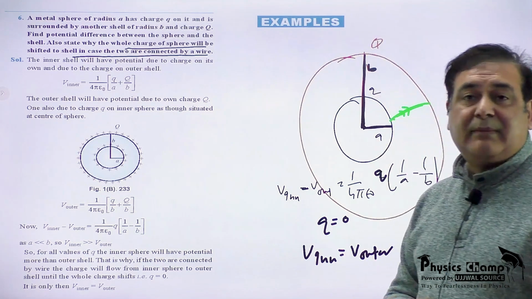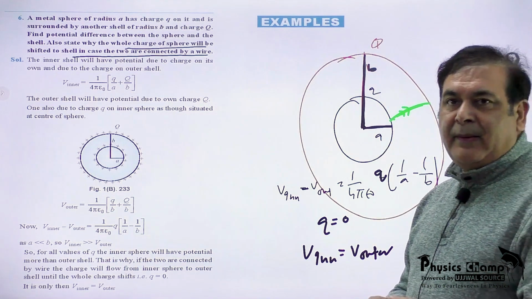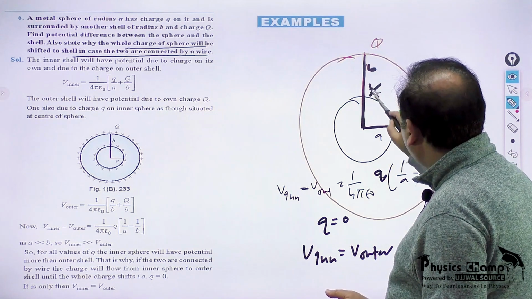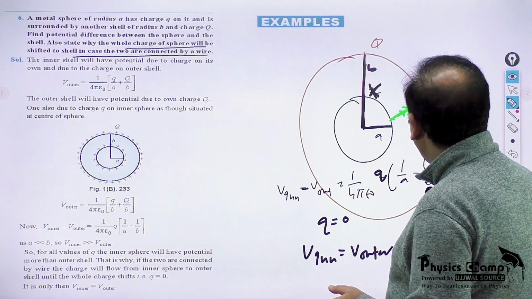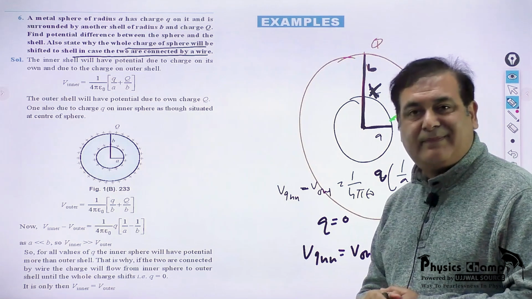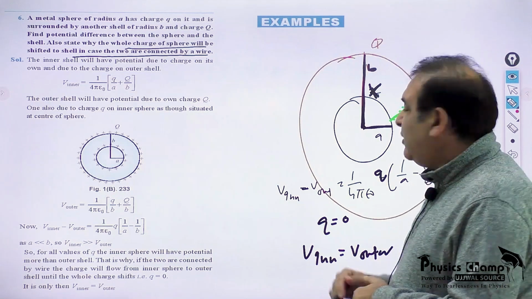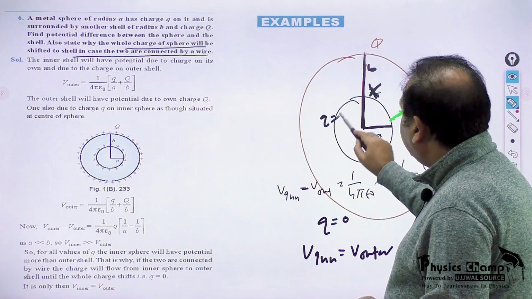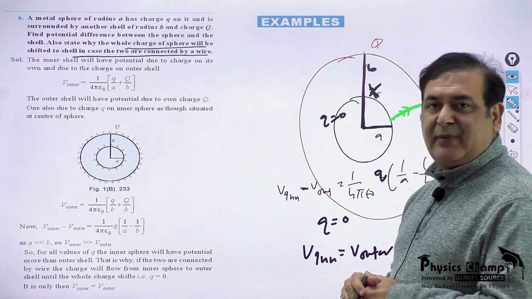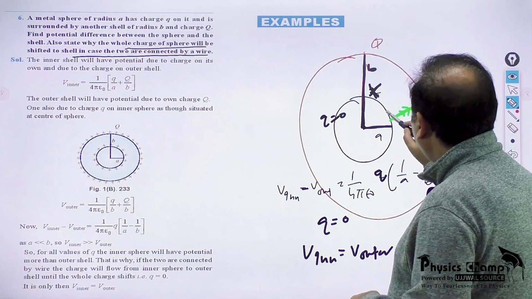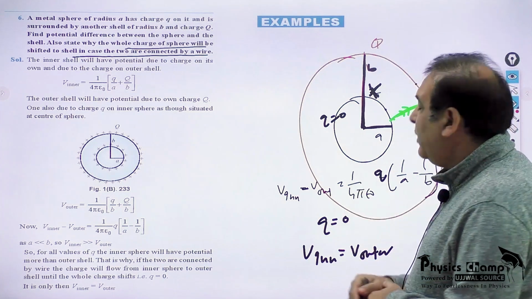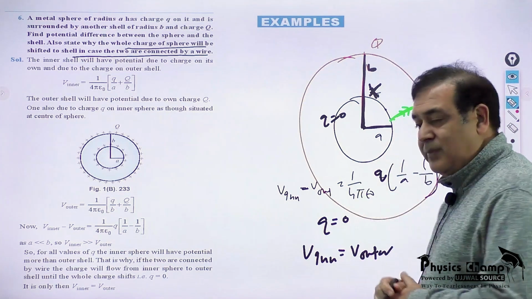It means the charge will flow until the whole charge small q is shifted to the outside. Once there is no charge left here, only then will the potential on the inner be equal to the potential on the outer, and only then will the flow of charge stop.